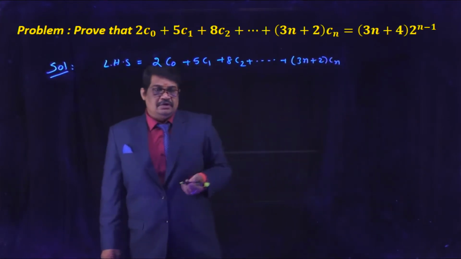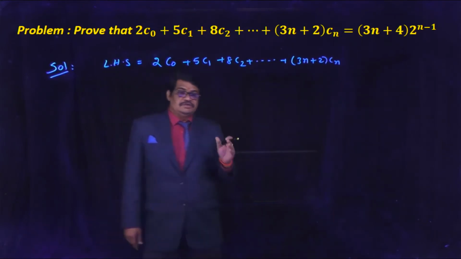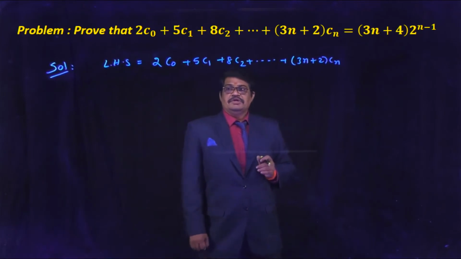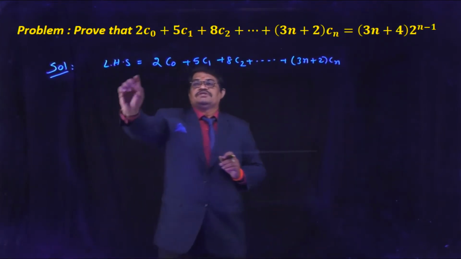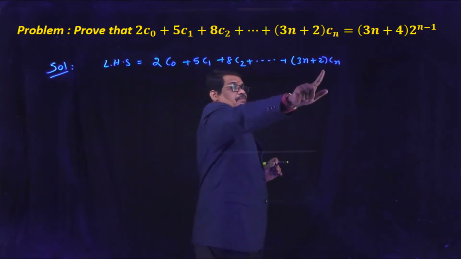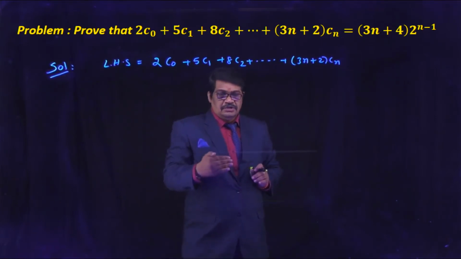This is the LHS. Now this value is (3n + 4) into 2 to the power of n minus 1. Here we are observing these coefficients 2, 5, 8 and so on up to 3n + 2. These are the terms in AP.